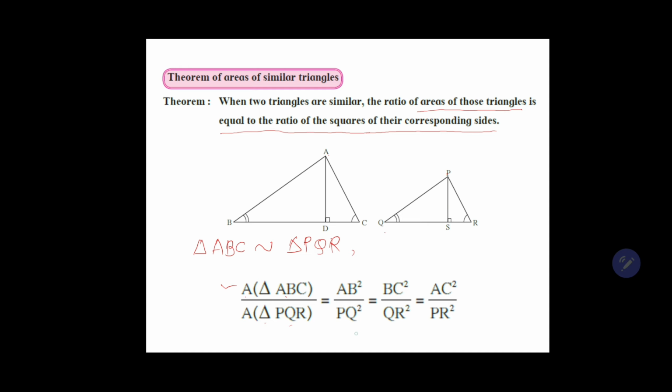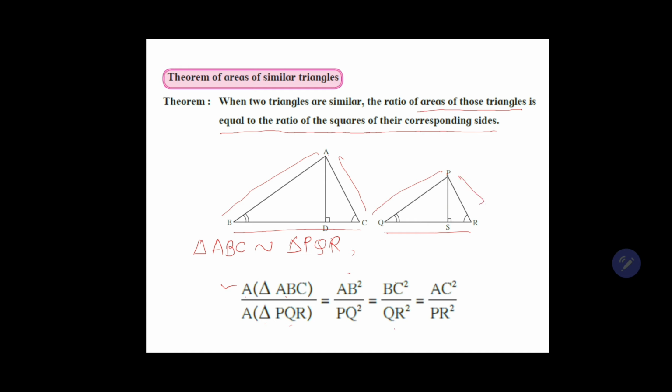The first pair of corresponding sides is AB and PQ, so it is equal to AB square divided by PQ square. Another pair of corresponding sides is BC and QR, so it is BC square by QR square. And the third corresponding pair is AC and PR, which is equal to AC square divided by PR square.